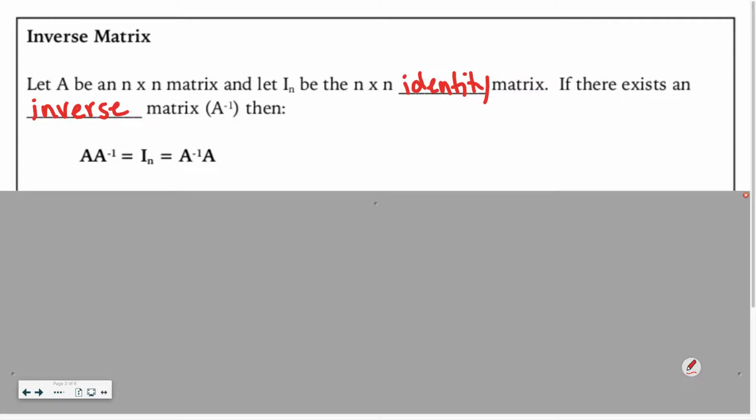If a matrix has an inverse, then when we multiply them, we get the identity.